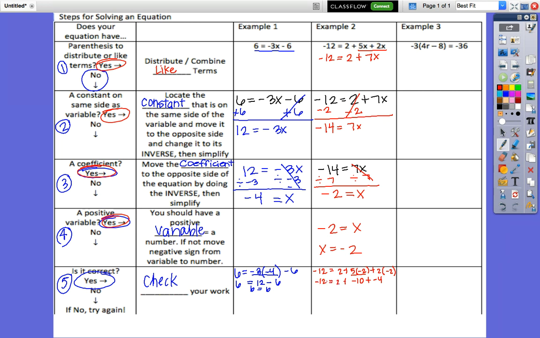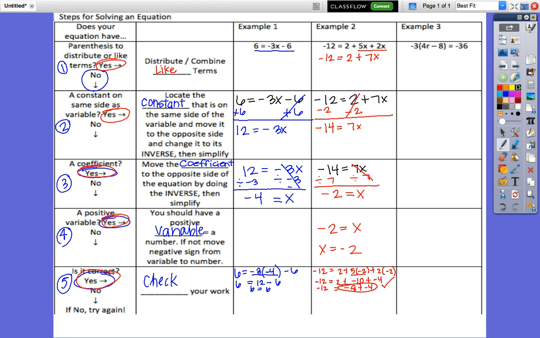Now, I'm going to add from left to right. 2 plus negative 10 is negative 8. Negative 8 plus negative 4 gives me negative 12. So negative 12 does equal negative 12, and it does check out. Our answer is correct.